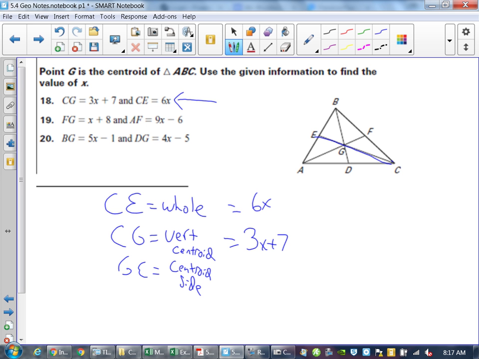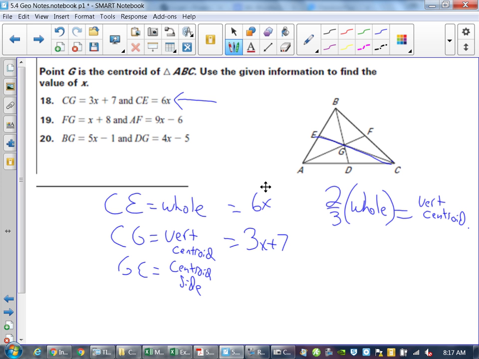Okay? So if I know that 2/3 of the whole thing is the vertex to centroid, I can write that out. So 2/3 the whole is vertex to centroid. All I'm doing is writing it out.